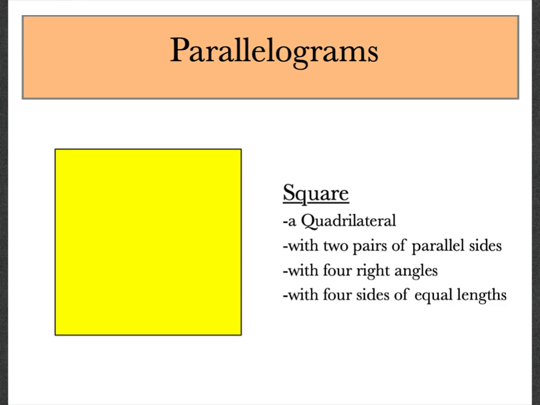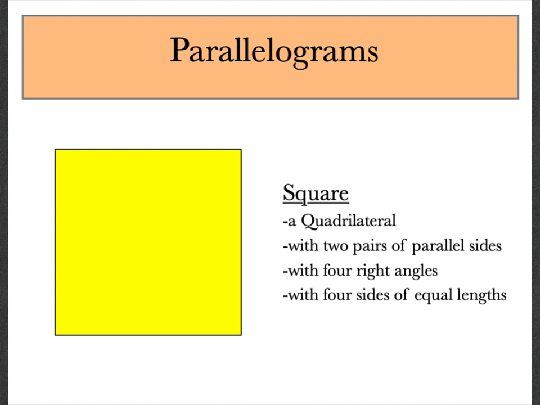A really specific type of parallelogram, which is also technically a specific type of rectangle, is a square. A square is a quadrilateral because it has four sides. It has two pairs of parallel sides. Just like we talked about before, this is a set of parallel sides, and this is also a set of parallel sides. So we have two pairs of those.